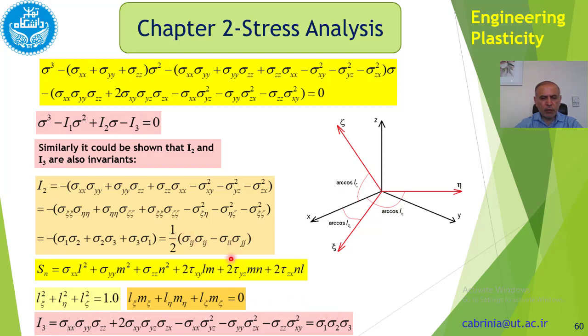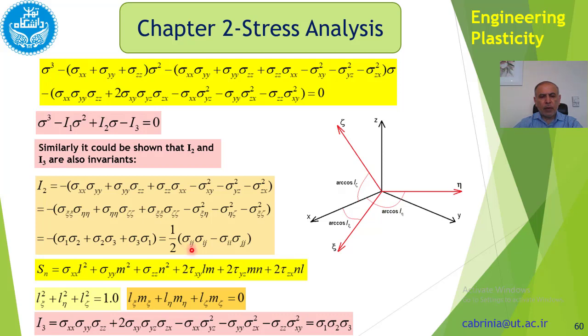Sometimes we use these tensor notations because it's short and it's easier. Sigma ij means, for instance, i and j change between 1, 2, and 3.